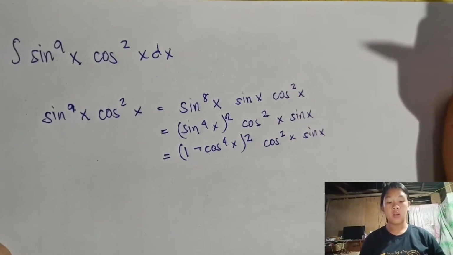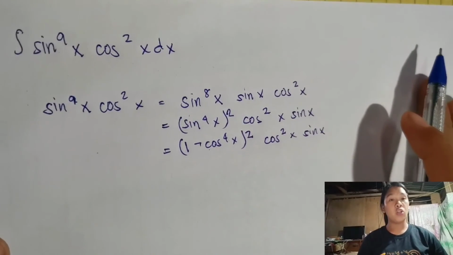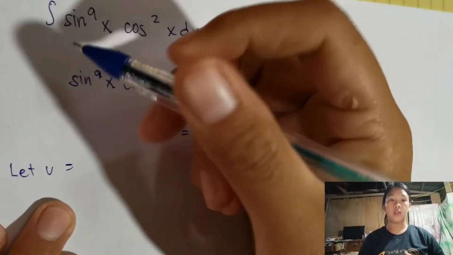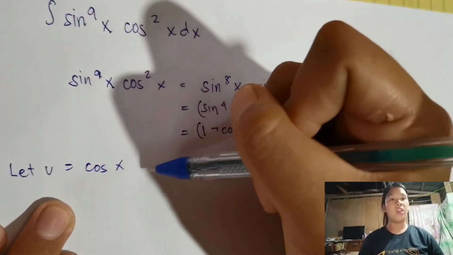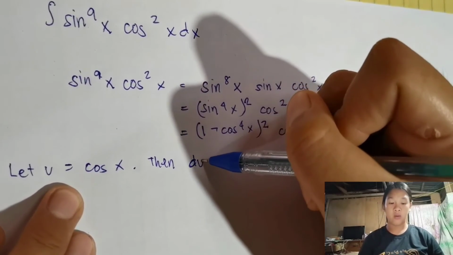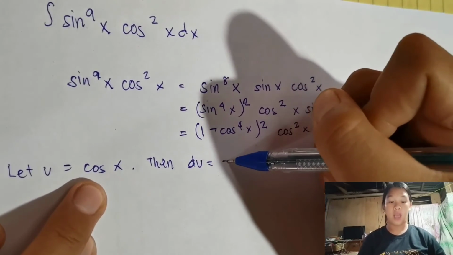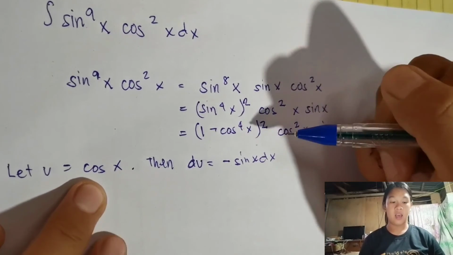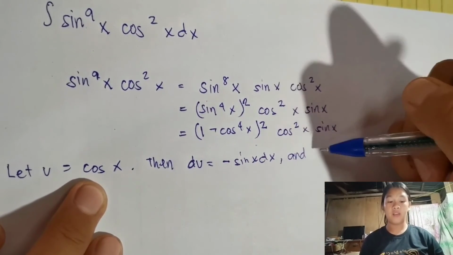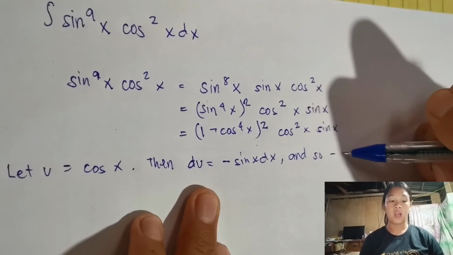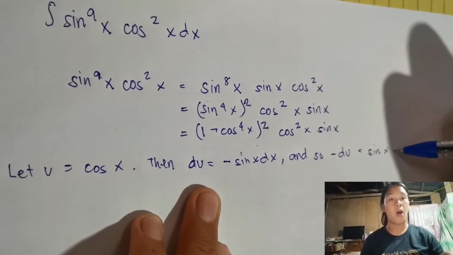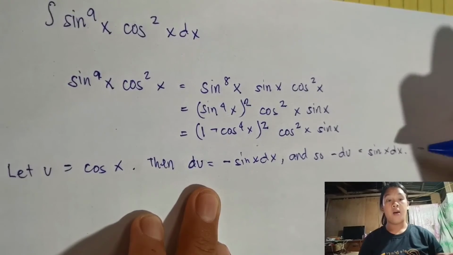So here, we use u substitution. Let u be equal to cosine x. Then the derivative of u is du, and the derivative of cosine x is negative sine x dx. So this negative sine x dx becomes negative du equal to sine x dx, to remove the negative on the right side.